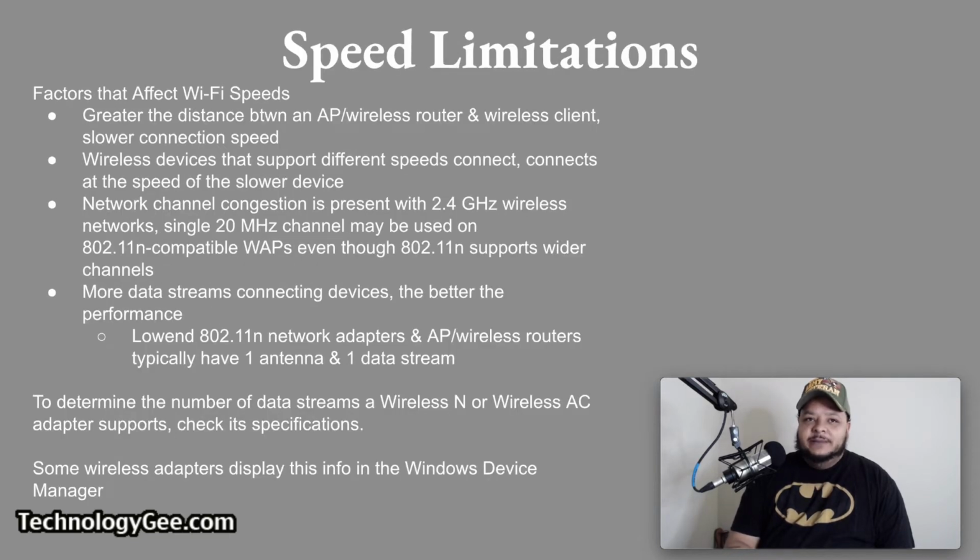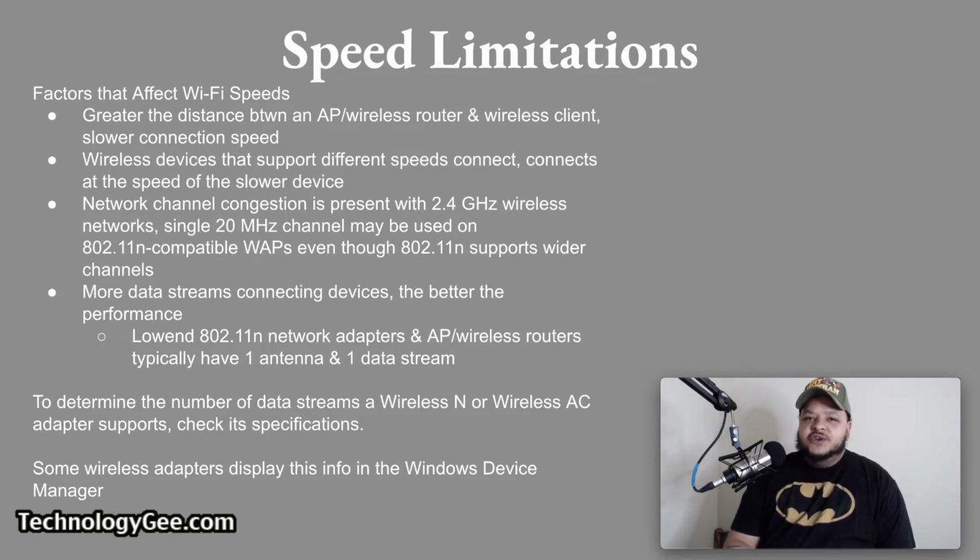Let's talk about speed limitations. There are a couple of factors that affect Wi-Fi speed. The greater the distance between an access point or a wireless router and a wireless client, the slower the speed of the connection. When wireless devices that support different speeds connect, they connect at the speed of the slower device. When network channel congestion is present with 2.4 gigahertz wireless networks, a single 20 megahertz channel may be used on an 802.11n compatible wireless access point, even though 802.11n supports wider channels.